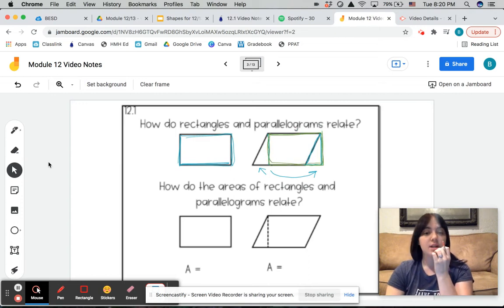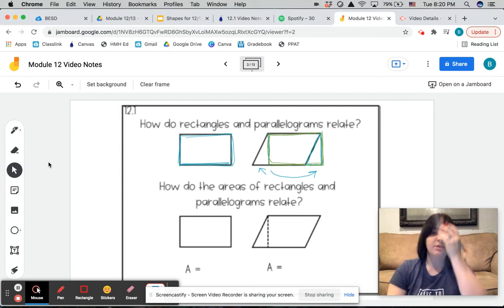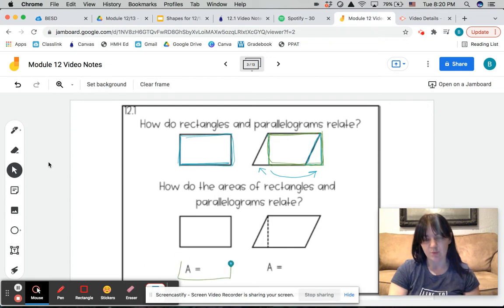Okay, so how do the areas of rectangles and parallelograms relate? Well, let's look at the area of a rectangle based on the area of a parallelogram. We've already talked about how the area of a rectangle is the width times the length. Okay, and we're going to write that like this, width times length.